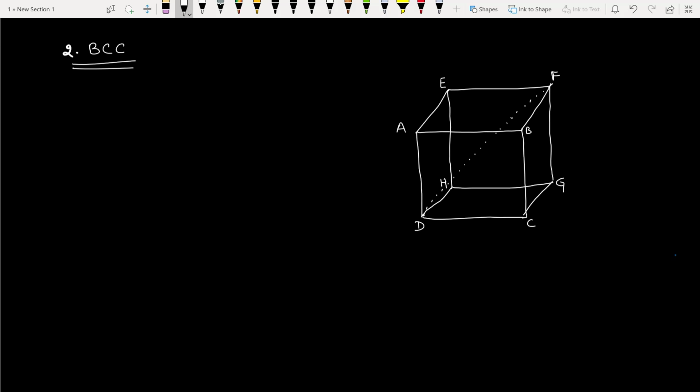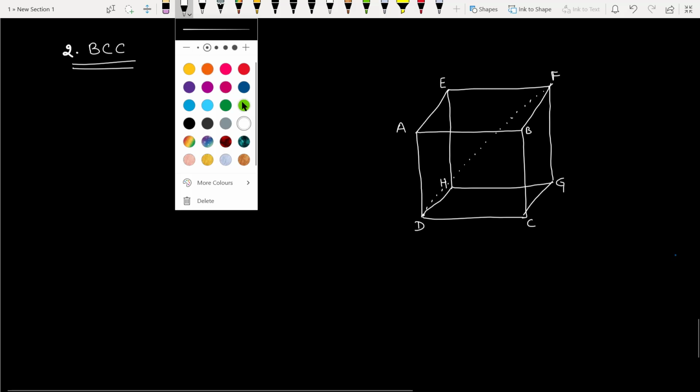So now we will show only that portion of atoms which are lying inside the cube and on this body diagonal only. So now we will depict only those atoms.